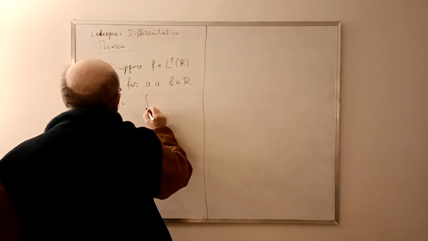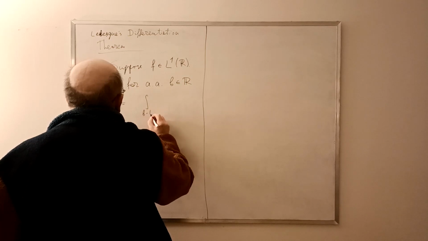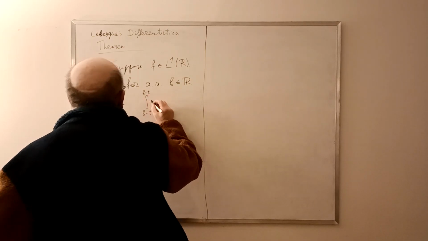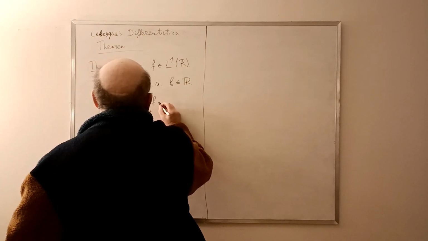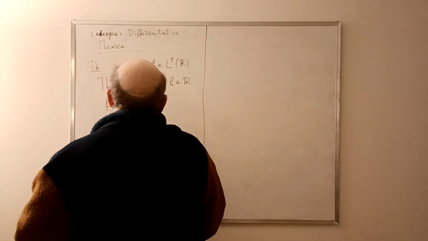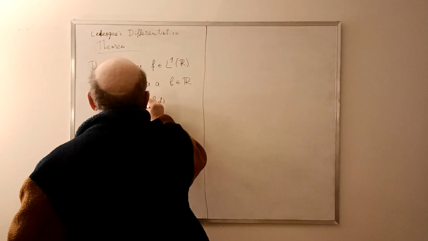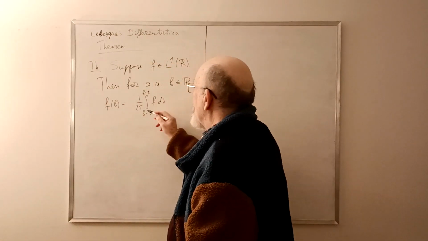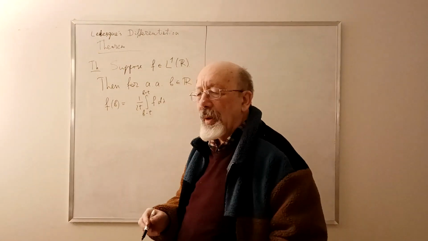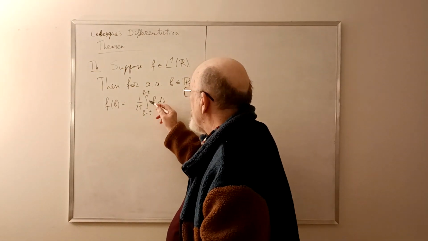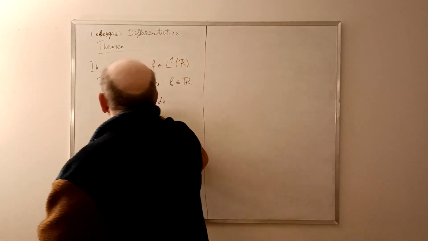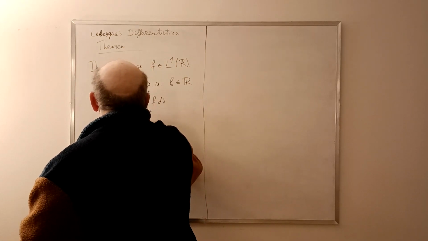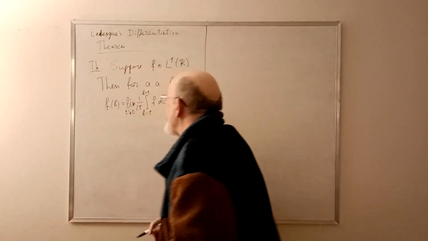so we take the integral from b minus t to b plus t of f d lambda, take 1 over 2t, so it is the mean value of the function from b minus t to b plus t, and take the limit when t goes to 0.